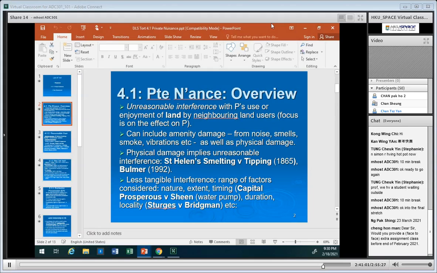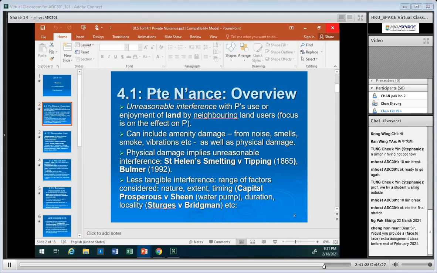But their neighbour above them on the 20th floor was in the habit of having a shower late at night, okay? And the noise from their water pump was such that the plaintiff couldn't get to sleep. So they sued their neighbour in private nuisance.